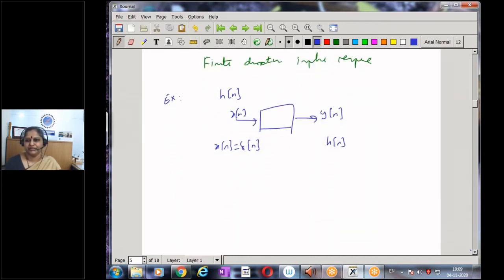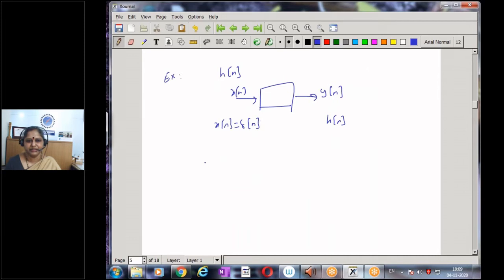We just saw that one method of representing the system is by using the difference equation. So let me have this as, say, a0 x of n minus, say, b1 y of n minus 1.